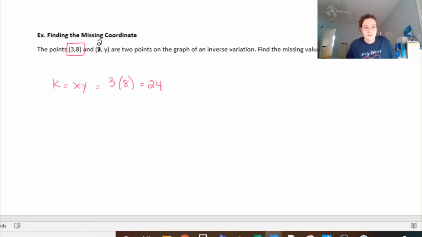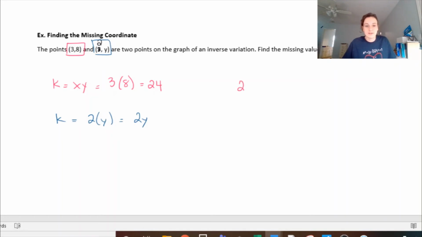Now let's see if we can find the k value for my second point, which is (2, y). Okay, so k is equal to x is 2, and y is just y. So I have 2 times y. Now if these are two different points on the same inverse variation graph, then they have to have the same k value. So if I want to figure out what this y value is, I could set these two k values equal to one another.